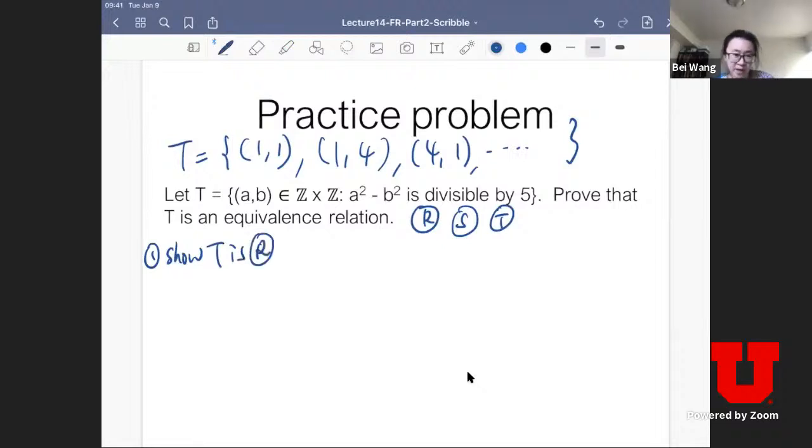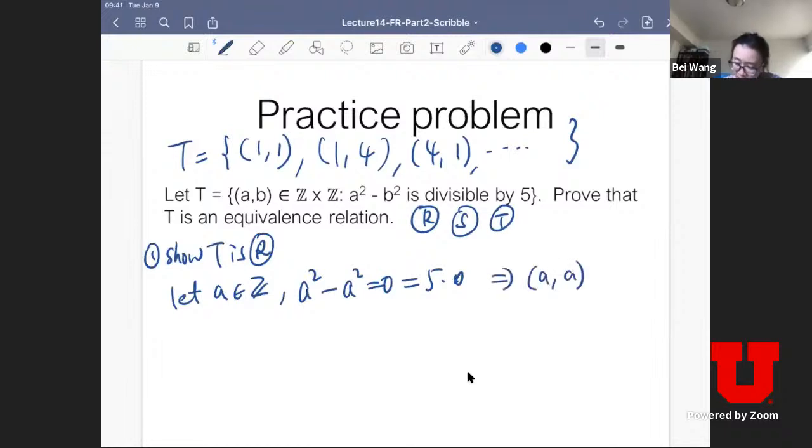I will start with an integer a. We want to show (a, a) is in there. a squared minus a squared is equal to 0, which is 5 times 0, so it is divisible by 5. Therefore, (a, a) is in this relation.